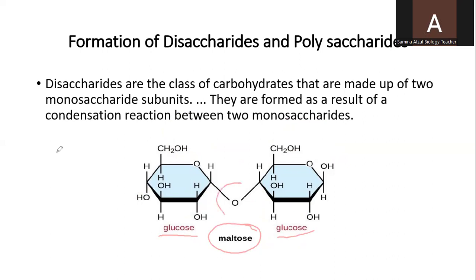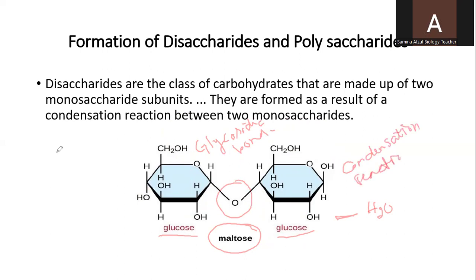A bond is formed between the two glucose molecules, and that is called a glycosidic bond. This glycosidic bond is formed when one water molecule is removed from these molecules. When this water is removed, the process is called a condensation reaction.